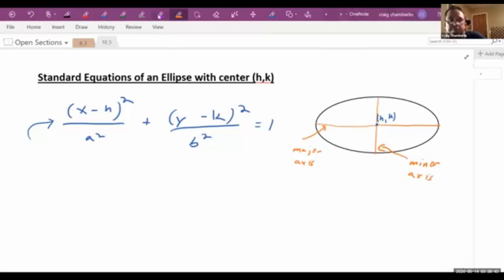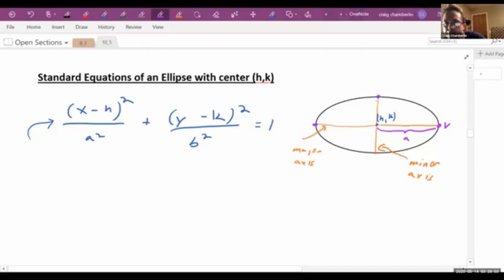The distance from the center on out to what we call a vertex. You've got a vertex here, a vertex here. Vertices occur at the end points of the major axis. That distance from the center on out to a vertex is called a.